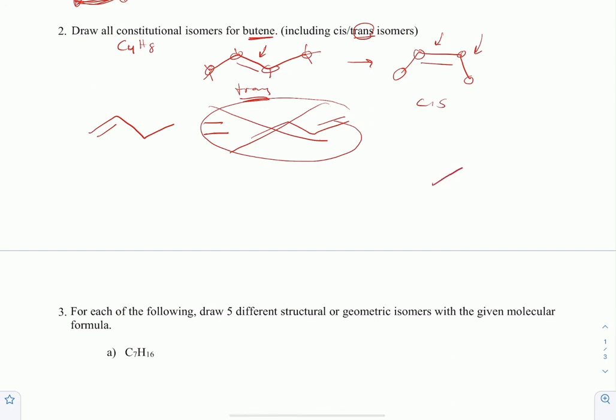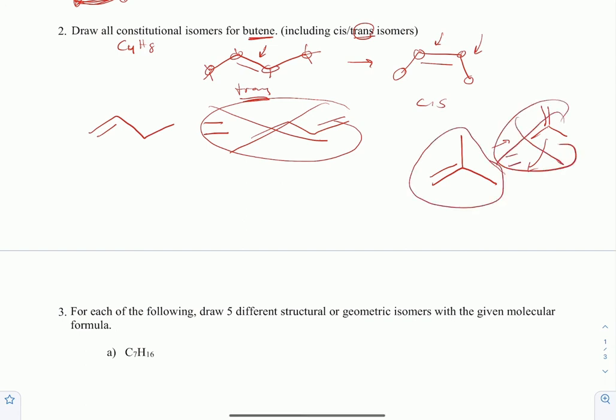So I'm going to make a parent chain of 3, and then I have a methyl group to move around. So I'm just going to put that right here and then make a double bond out of it here. So again, remember, don't make the mistake where you think this should be a different one. No, these are the same. So don't do this. All right, so those are pretty much all the ones that you would have to draw for this one. I don't think there really is any other ones you could draw for butene.